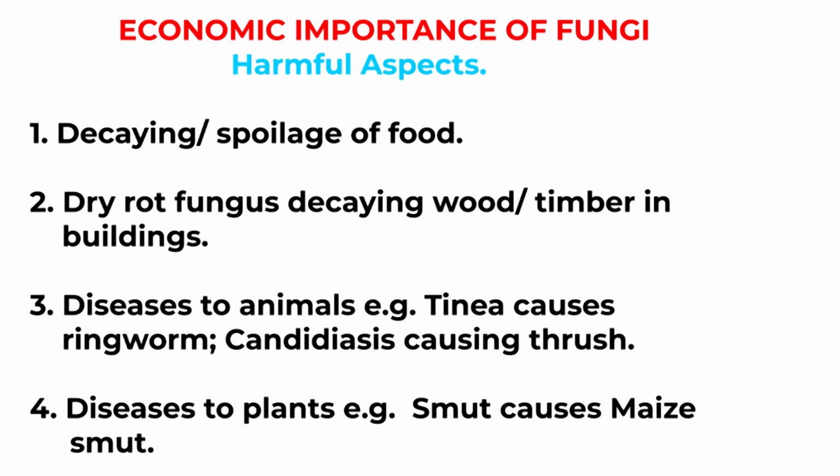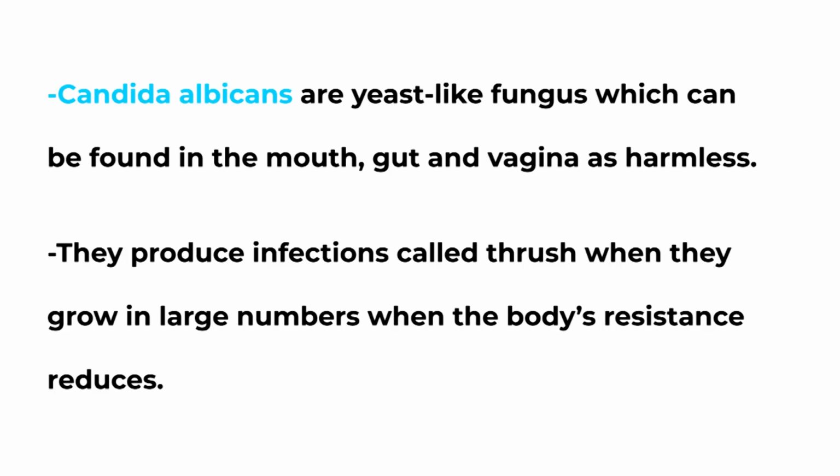They decay wood in buildings. Then diseases to animals: tinea causes ringworm, athlete's foot. You have also candidiasis or thrush caused by Candida albicans. Candida albicans is a yeast-like fungus.